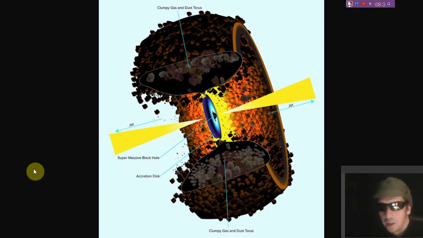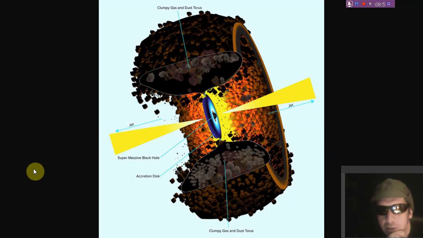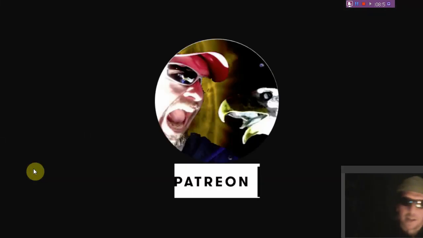So think of a flashlight in a dusty room. One that's pointing at your face is going to look completely different than a flashlight that's pointing past your head, for instance, which is what you're seeing in this case. And the jet is the brightest place, and that's what's causing the ionization pathways.